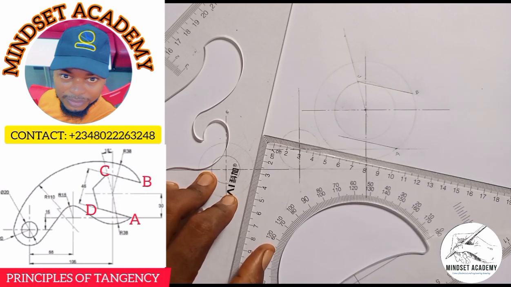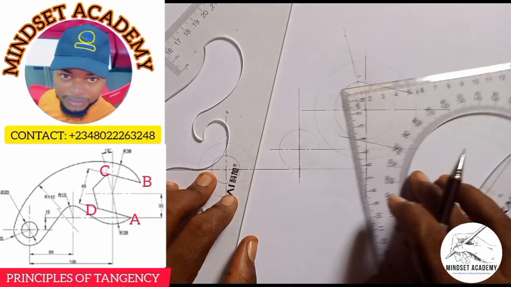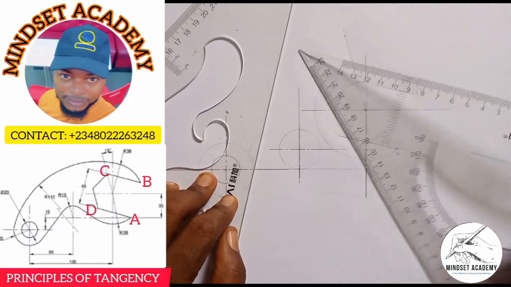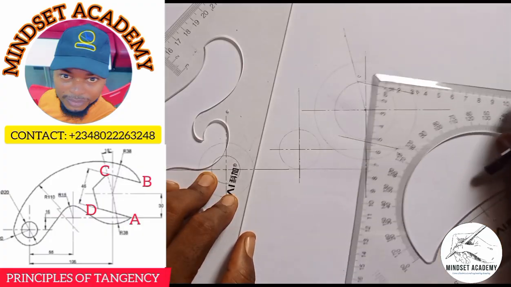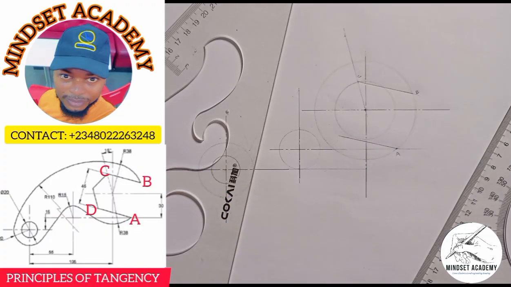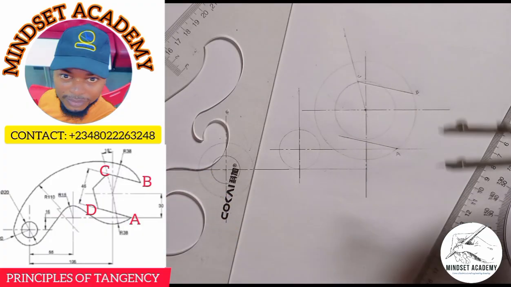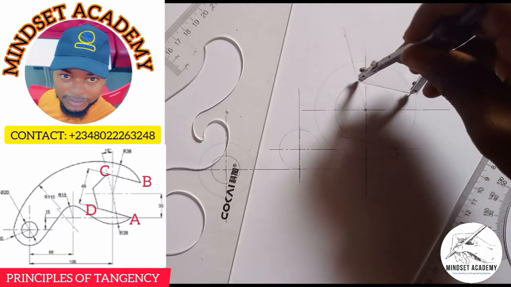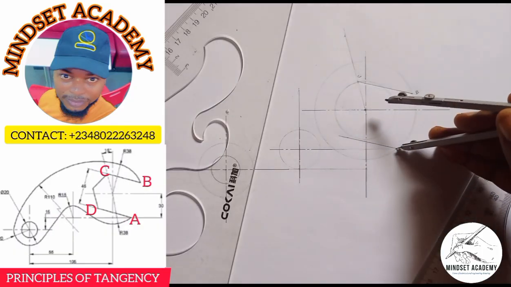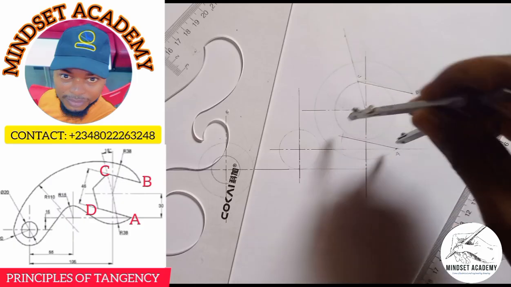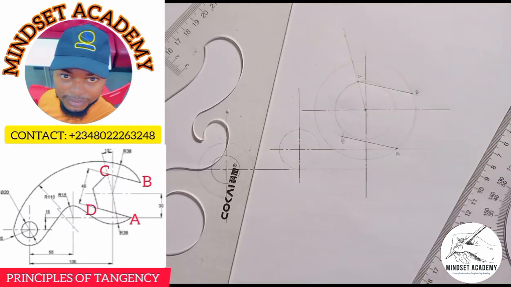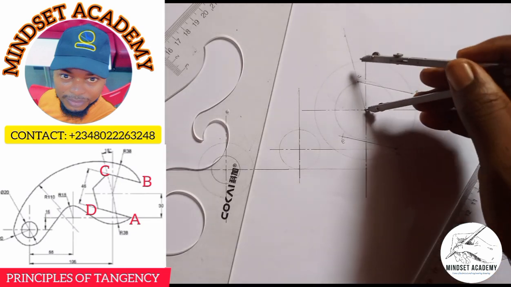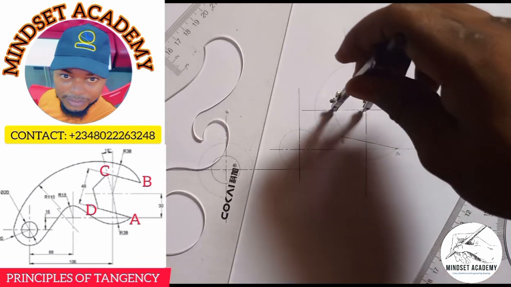Can you see that? So once you've done that, that means this point you see here, from this point to this point, will be from here to somewhere around here. So this, I'll call it my point E. So how will I get point C? Just placing it from here to here, strike an arc.